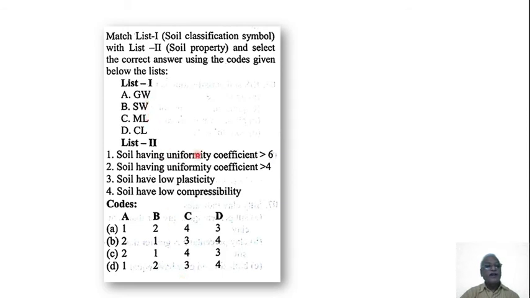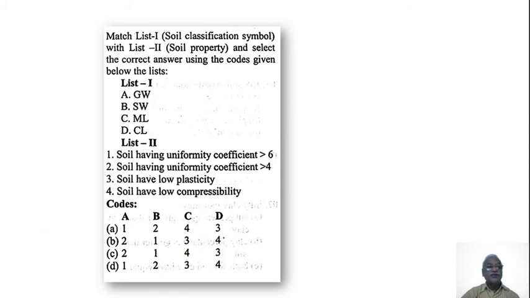Sand well graded, that will be 1 actually. So B is 2, 1, 3, 4. I think B would be the answer here.